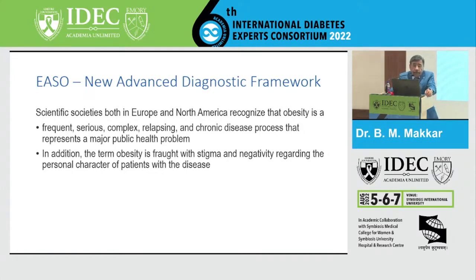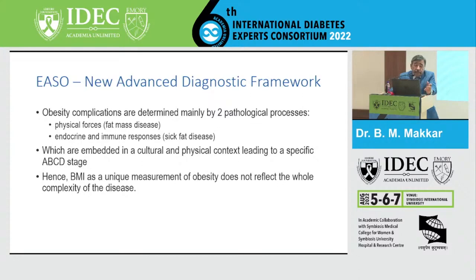So obesity complications are determined by two main pathophysiological processes: the physical forces, that is the fat mass, and the dysfunctional fat or the sick fat, which are embedded in the cultural and physical context, leading to the specific ABCD stages that are defined based on this concept.